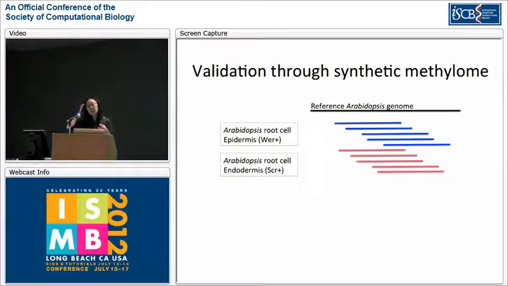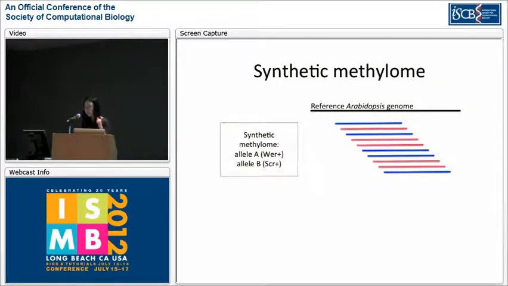They are all single cell types, and we have the methylomes for these two cell types, and then we take all the reads from these two methylomes, we just mix them together, and that's our synthetic methylome. Then we pretend one cell type is allele A, the other cell type allele B.